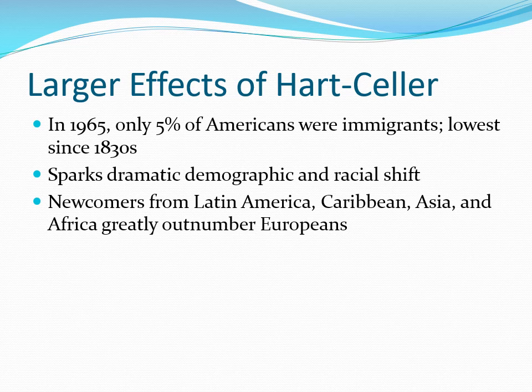Though the Hart-Celler Act was in part designed to create opportunities for people from Southern and Eastern Europe to come, what happens is when we end the quota system, and we now say it doesn't matter what nation you come from, people came not from those parts of Europe, but instead from Latin America, the Caribbean, Africa, Asia.